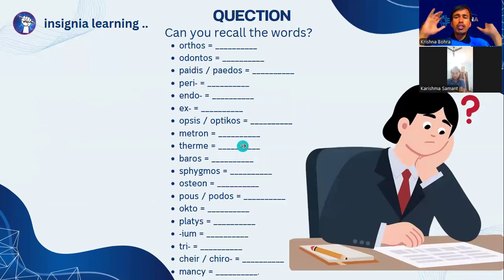Okay, now it's time for dear Karishma to recall. So here are the words. Can you recall them? If you need help, tell me. I will lead you back to those slides if you need help. Do you need help? One minute. Can you recall the words?